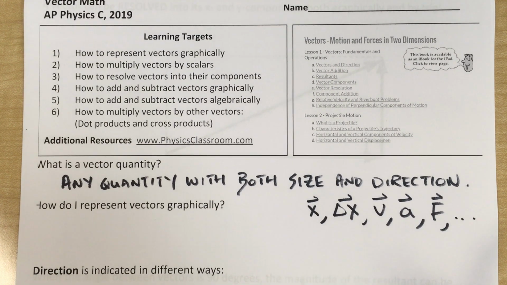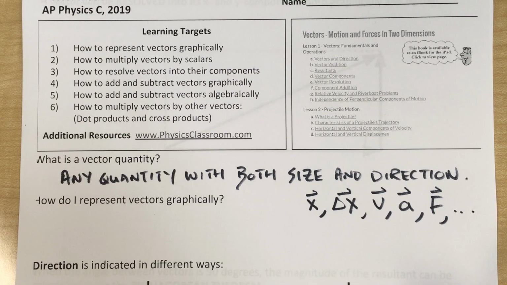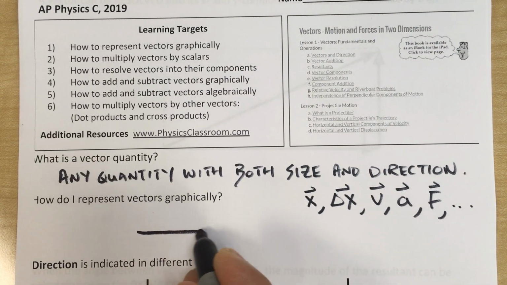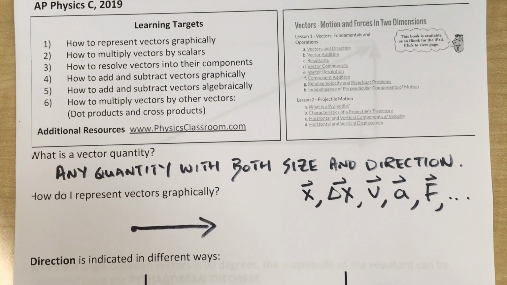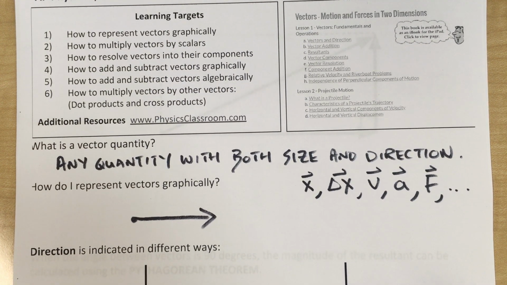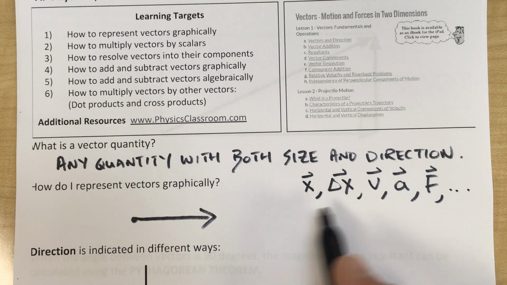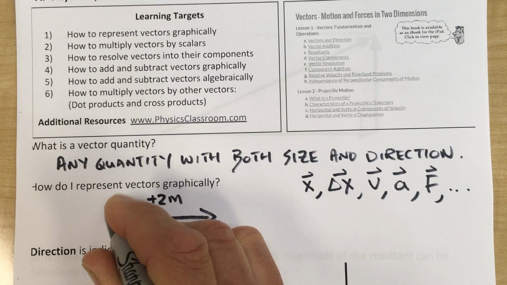Okay, so vectors are very visual tools in physics, and when we talk about representing vectors graphically, we can represent them using arrows. If I want to represent a displacement vector, I could say that the displacement is plus 2 meters.